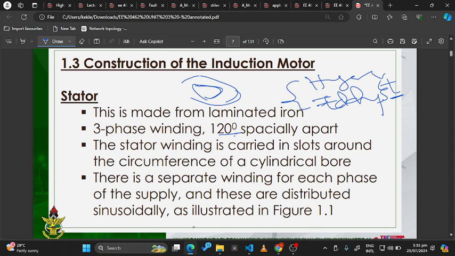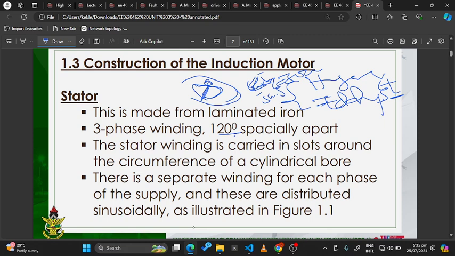If that's the case, assuming the rotor has a diameter of say 25 centimeters, and the conductor you place on the rotor, let's assume, has a diameter of 5 centimeters, it means the rotor plus the conductor is going to give you 30 centimeters.